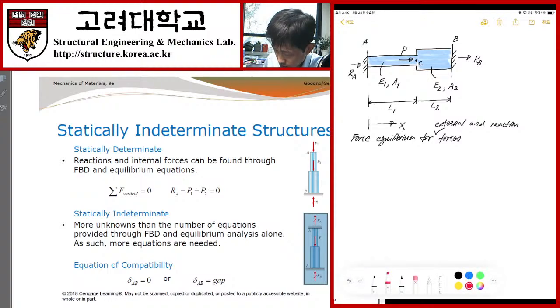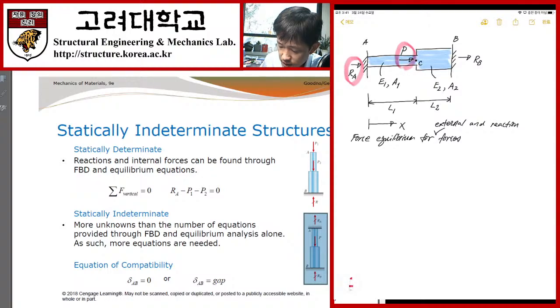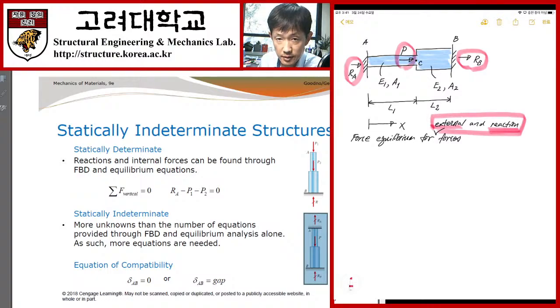The first is the external force P, and then we have two unknown external forces, the reactions. So we have three external forces. Conventionally, the unknown external forces are called reaction forces, but make sure that basically these are external forces, because the blue part is my structure. Is it clear?